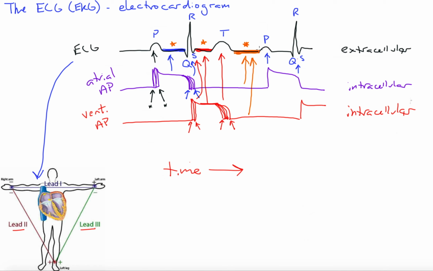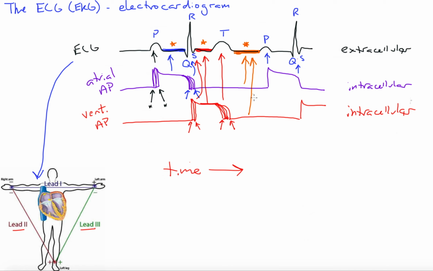Everybody is at rest, which means that you can't just lump all of the isoelectric lines into the same category. During two of them, we're getting contraction: atrial during the first here, ventricles in the second, the ST segment. But in the TP segment, we're isoelectric for a different reason. We're isoelectric because nobody is depolarized.